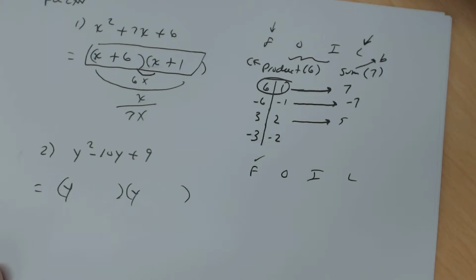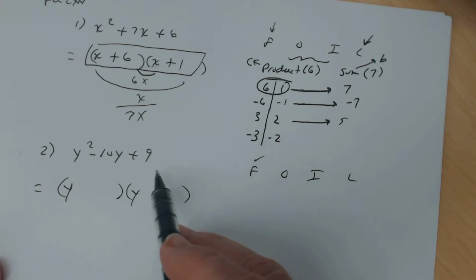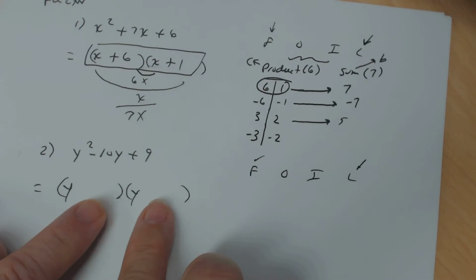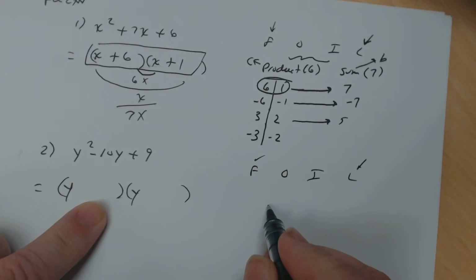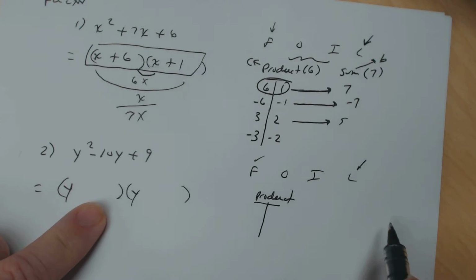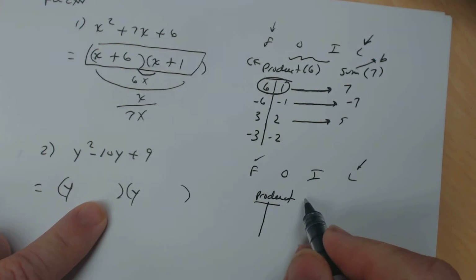Okay? All right, now remember I want the last to be a positive 9. I want that product. Remember, what times what's a positive 9? I need the product to be C, and C in this case is a positive 9.